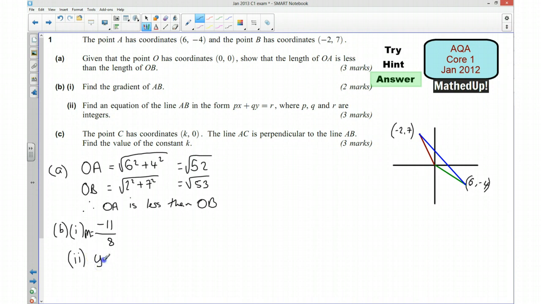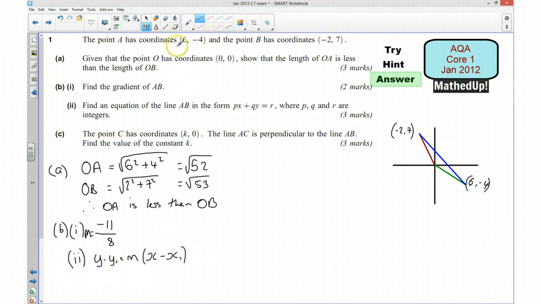We'll use this formula here where we've got y take away y1 is equal to m times x take away x1. Another way of doing this is that you could put it in the form y equals mx plus c, and substitute your m in and substitute in one of these coordinates, and then work out what the c is, and this is essentially doing the same thing.